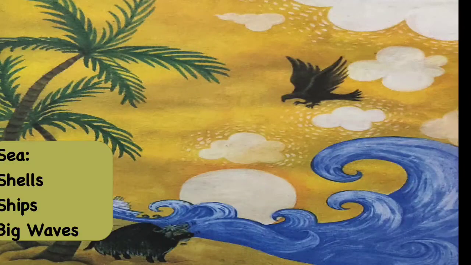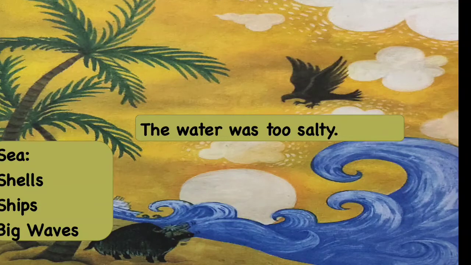Now at the sea, he saw shells and ships and big waves, right? Did he like it there? No. Why? Because the water is too salty, which means that it has lots of salt in the water, okay? Seawater always has lots of salt.